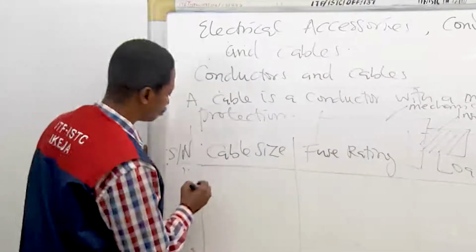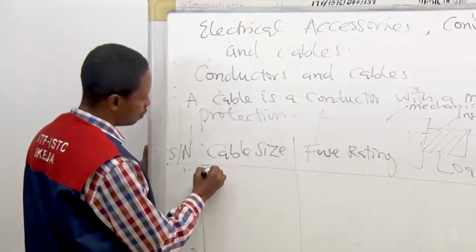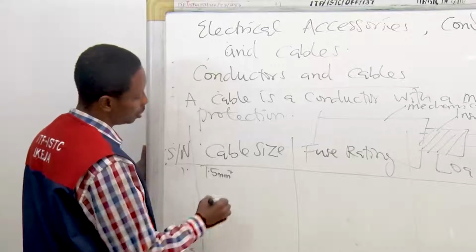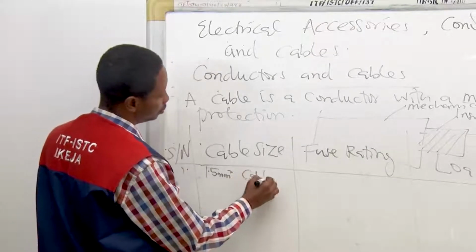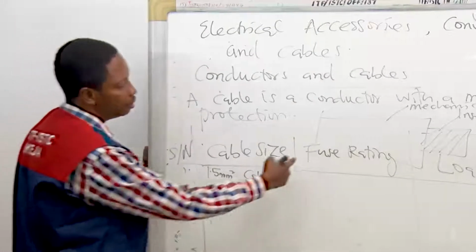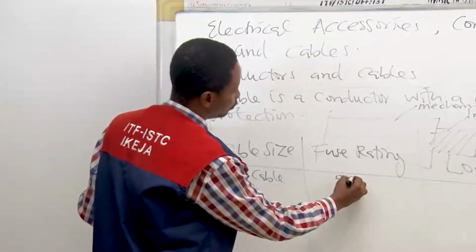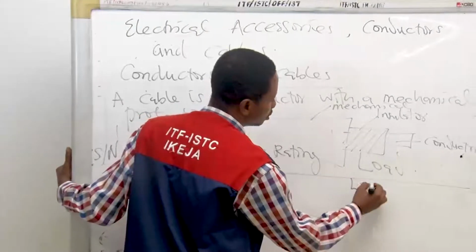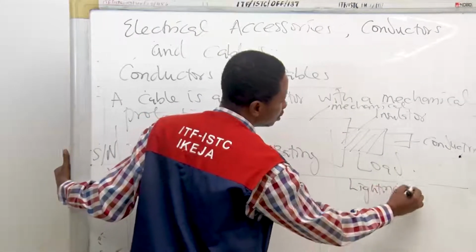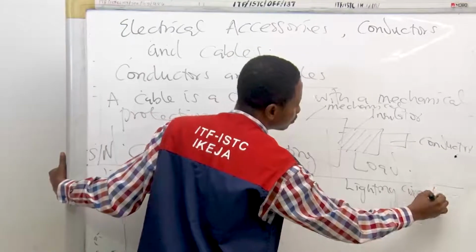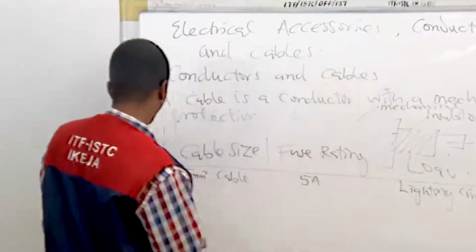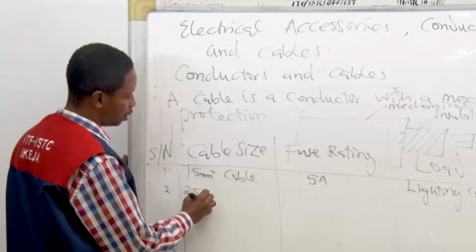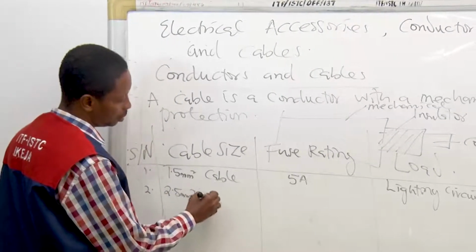Number one, cable size: 1.5 mm square cable, 5 amps, and mostly used for lighting circuits. Number two, we have 2.5 mm square cable.